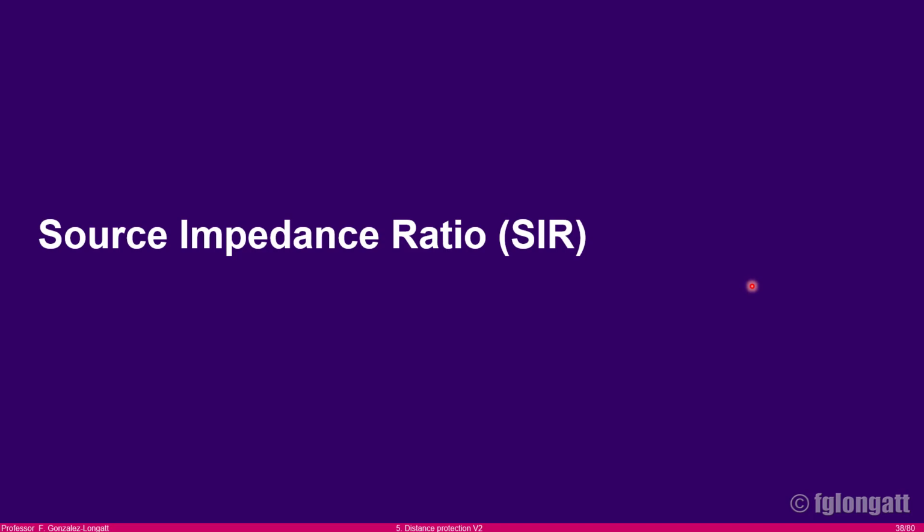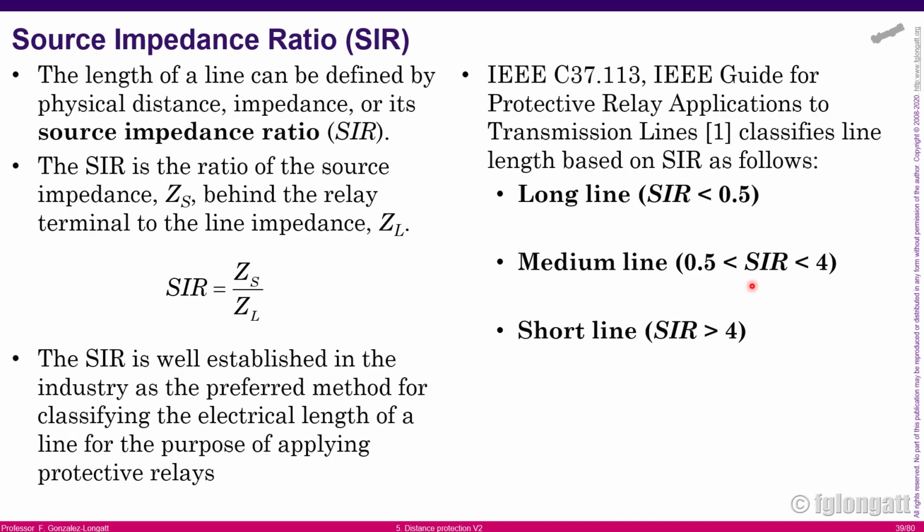And there is a classical term to define the ratio between the source impedance and the line impedance, and that is the SIR, or source impedance ratio, okay?